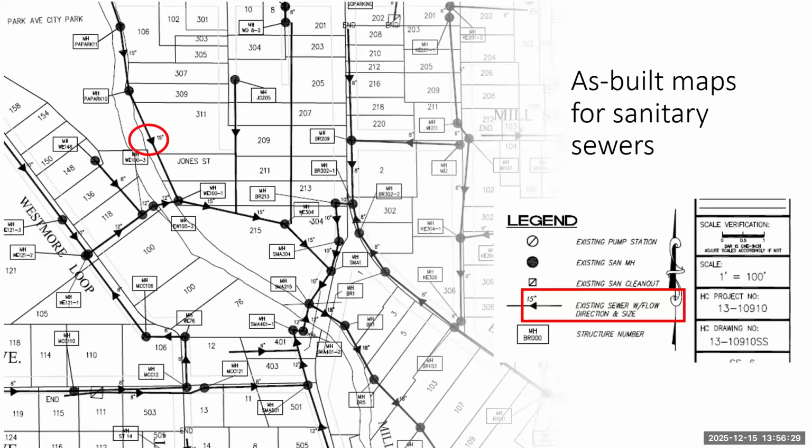For example, here I just circled a 15-inch main, and that 15-inch main in this particular example is an interceptor main. In other words, it's the main trunk sewer that all the other sub-sewers, or the sewer sheds, connect to. So that's a significant line, and it goes all the way down to the bottom, and it changes to an 18-inch down lower.